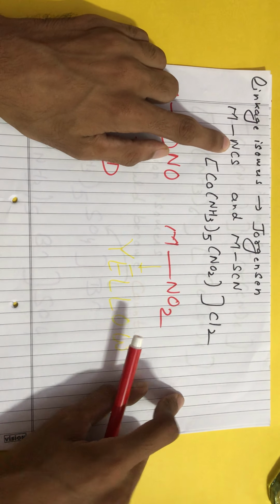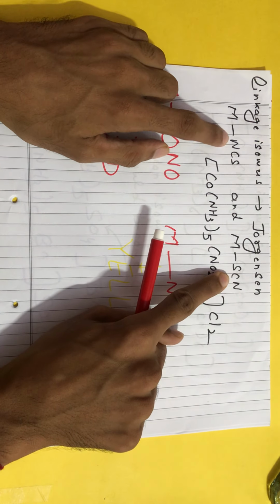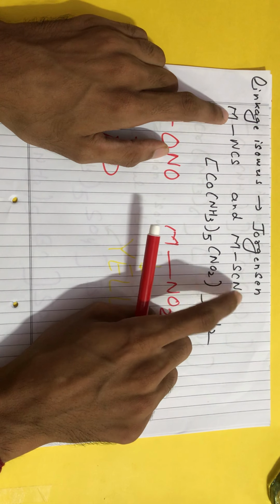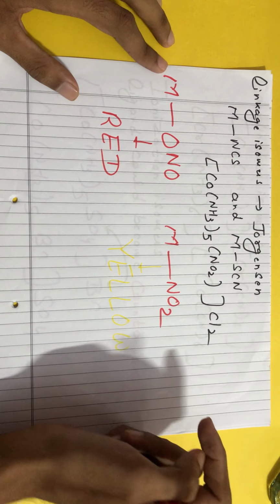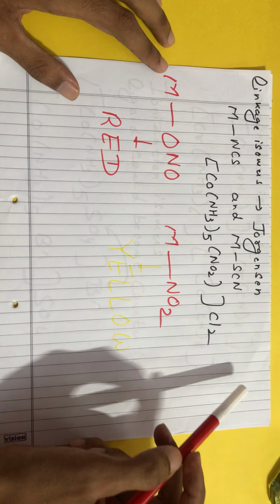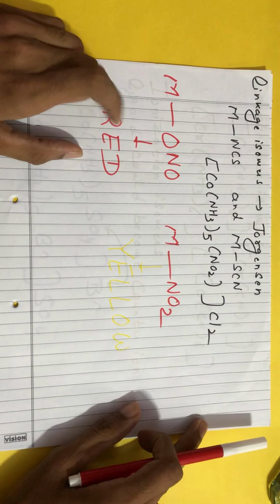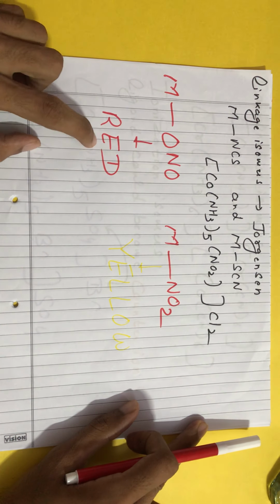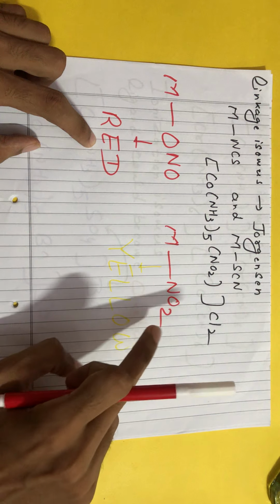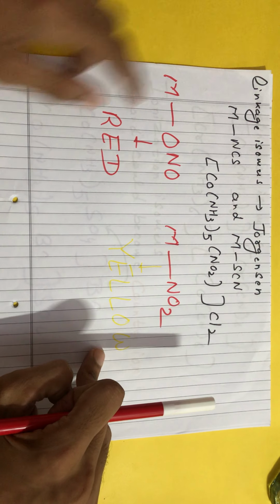Here in the same ligand, we have nitrogen as the donor atom, and here we have sulfur as the donor atom. These are called linkage isomers. They also differ in properties such as color. For example, in the nitrite ion, if O donates, then it is red in color. If nitrogen donates, then it is yellow in color.